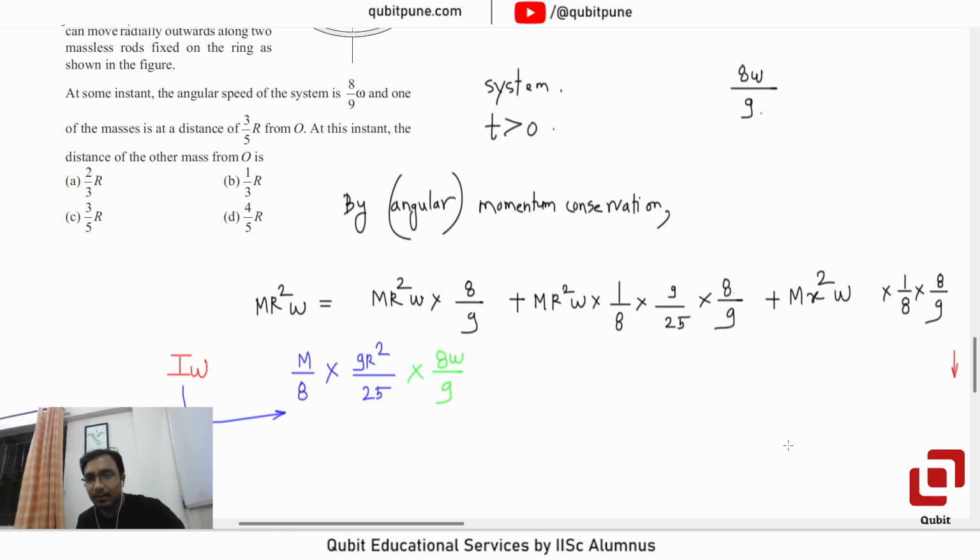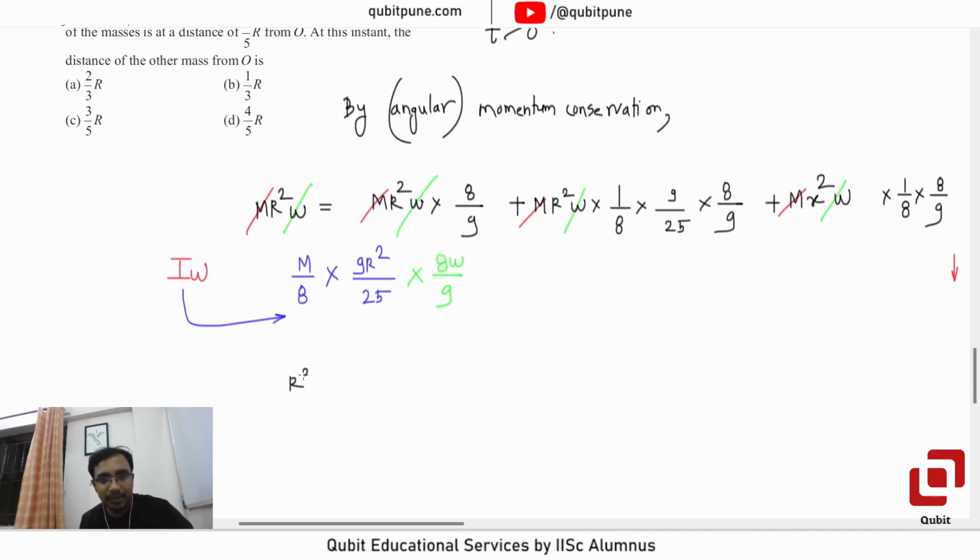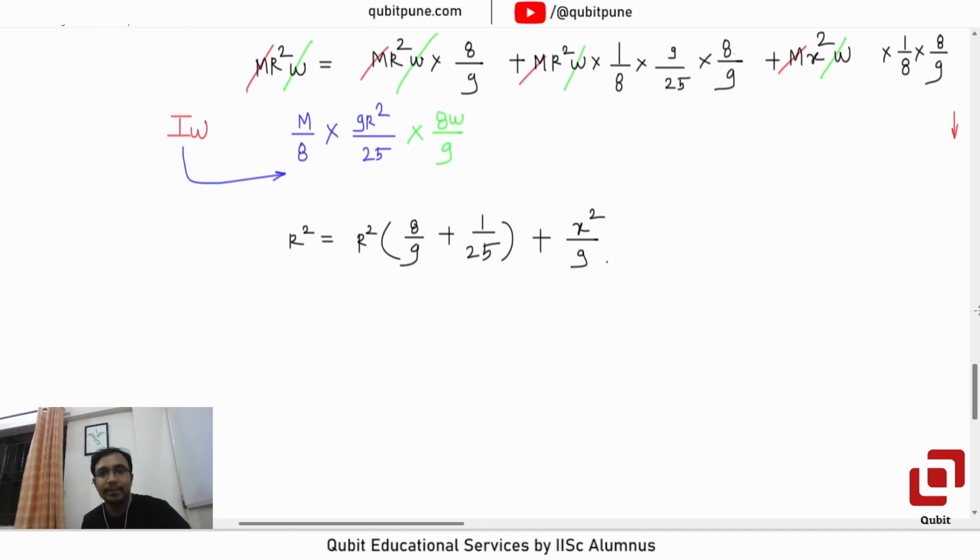Now M and omega will cancel. So what remains is R squared equals R squared into bracket 8 upon 9 plus, 8 goes, 9 goes, 1 upon 25, plus 8 goes, x squared by 9. Okay, x squared by 9.